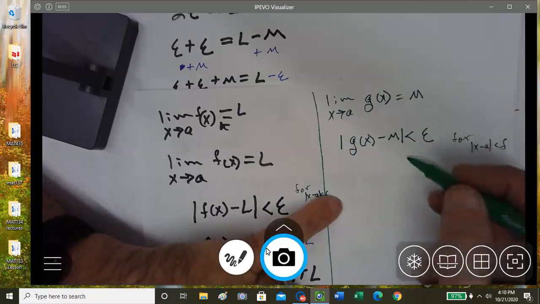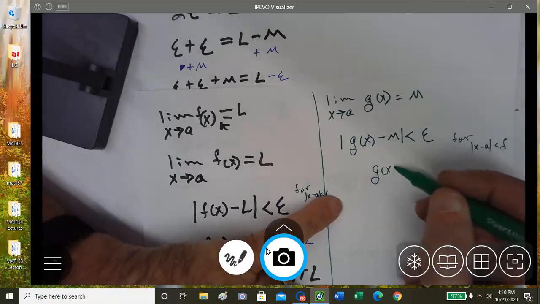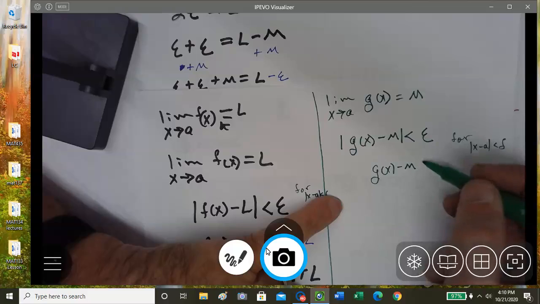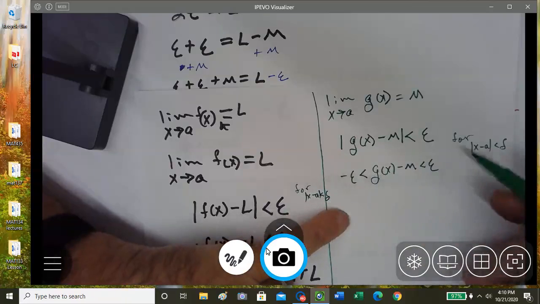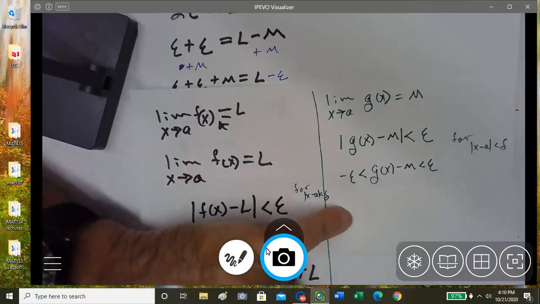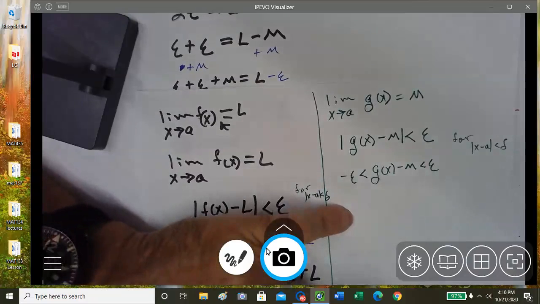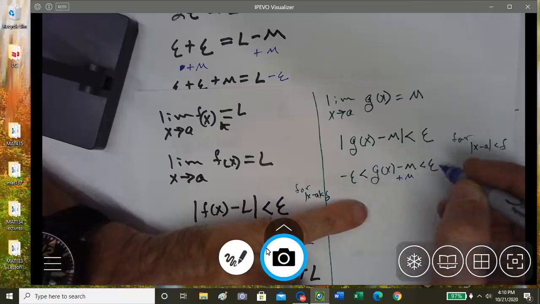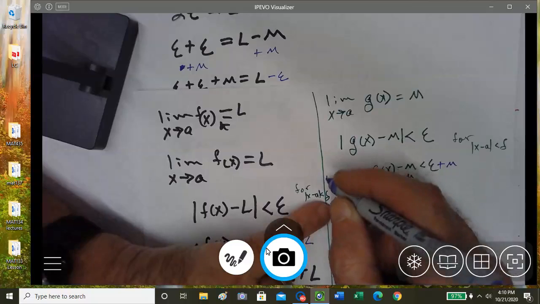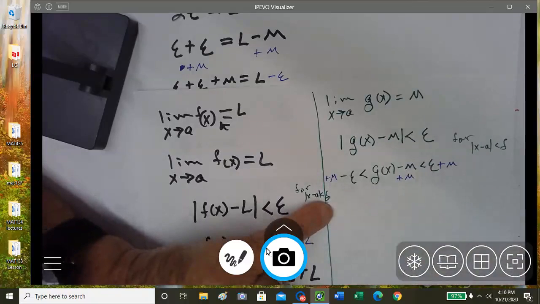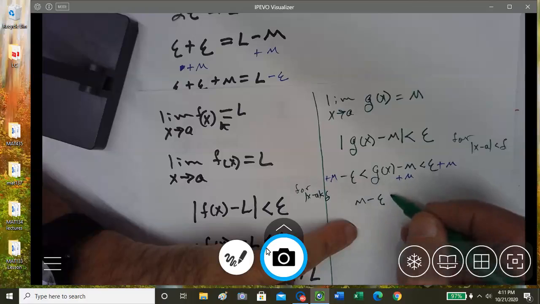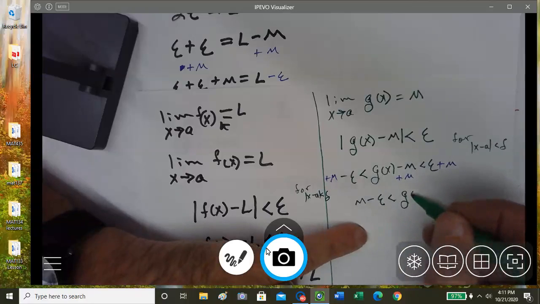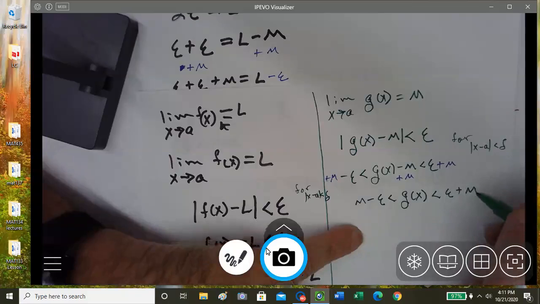Now we're going to do away with the absolute value. g of x minus m is less than epsilon, but is greater than negative epsilon. From here, we're going to apply plus m. That's going to give us m minus epsilon is less than g of x, less than epsilon plus m.